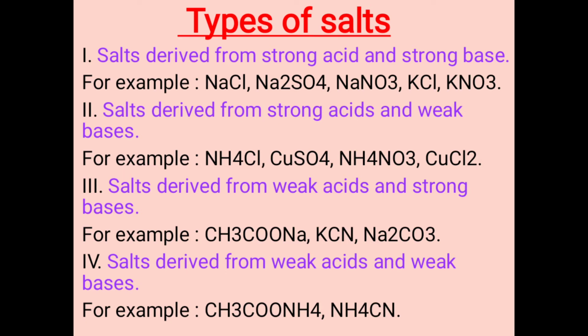These are examples of salts derived from weak acids and strong bases. The fourth type is salt derived from weak acids and weak bases. For example, CH3COONH4, NH4CN.